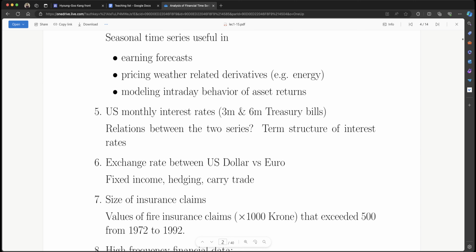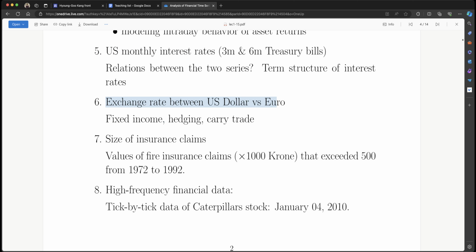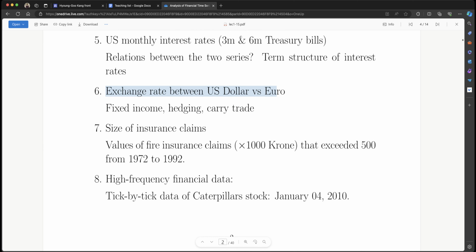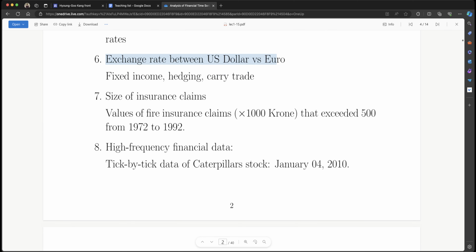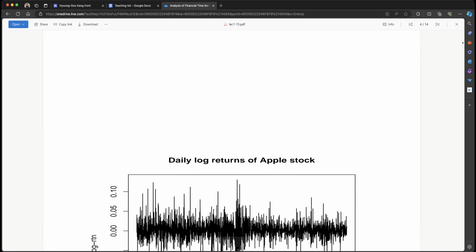Okay, they are all time series models. U.S. monthly interest rate, the exchange rate between U.S. dollar and euro, the size of insurance claims, or high frequency time series data, like tick by tick data of Caterpillar stock, something like that.